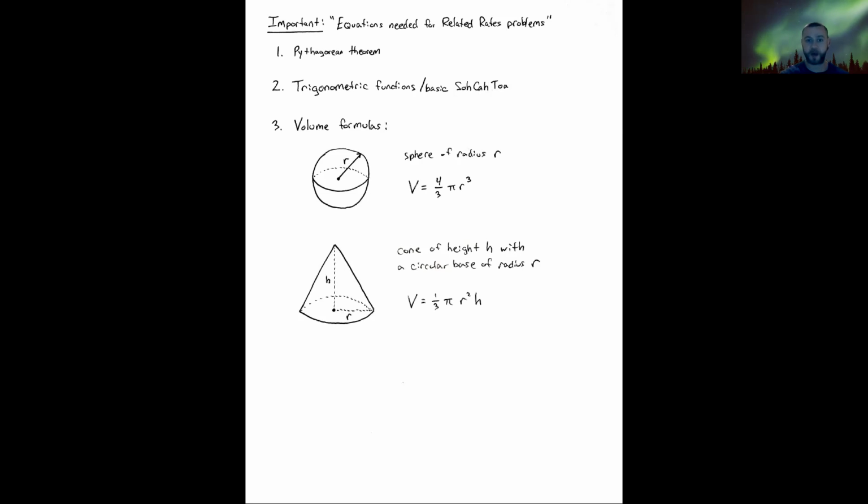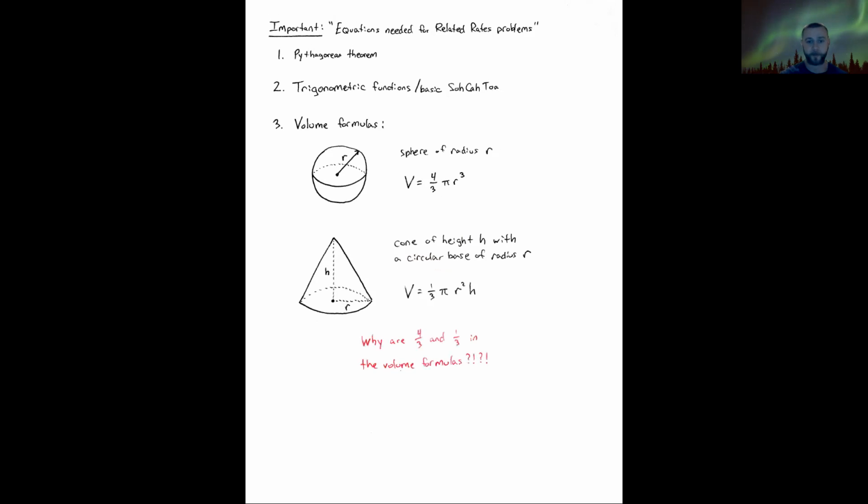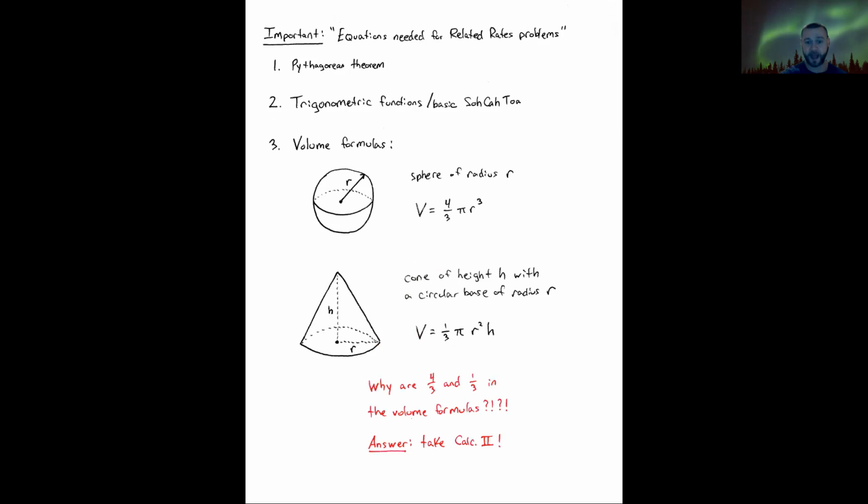So you might want to keep those in mind for certain volume problems within related rates questions. Just as a follow-up, why are there 4/3 and 1/3 in those volume formulas? Now, right now in Calc 1, I don't have a good answer, but as it turns out, the answer to that comes from Calc 2.